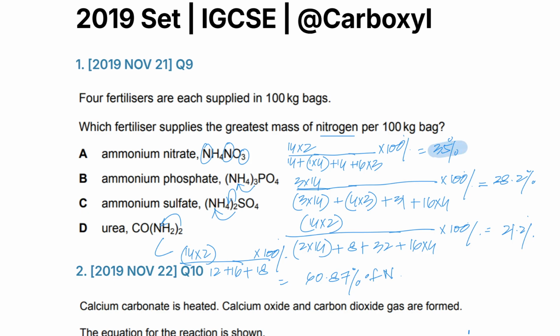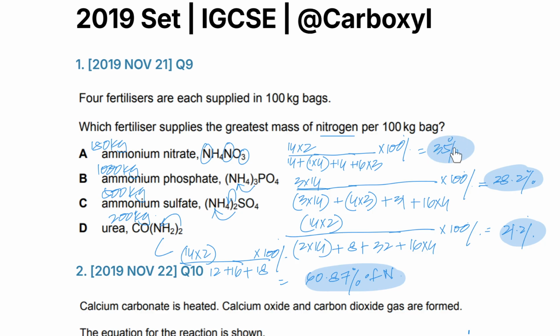Remember, the one which has the highest percentage by mass of nitrogen would obviously have the greatest mass, because the mass for all of the options is 100 kg. Let's suppose this was not 100 kg. In A part he gave you 180 kg, in B part he gave you 1000 kg, in C part he gave you 500 kg, in D part he gave you 200 kg. Then what you would have done is taken these percentages and multiplied them with the relevant kilograms.